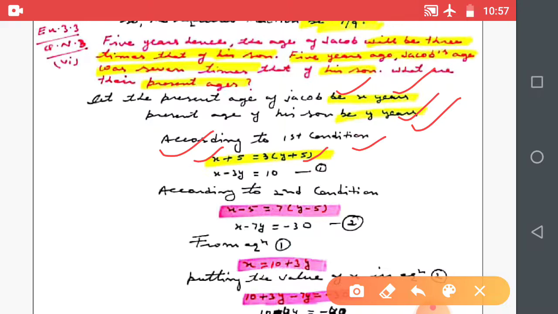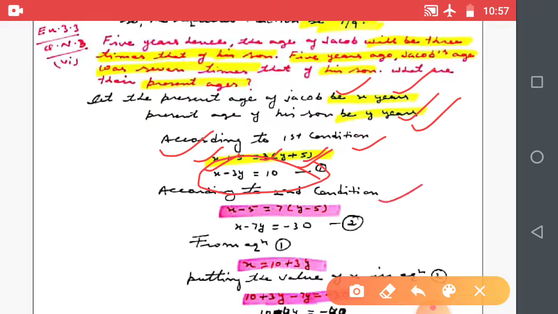But what is the relation? Jacob will be 3 times that of his son. So x plus 5 is equal to 3 bracket y plus 5. Right? So finally the equation is x minus 3y is equal to 10.